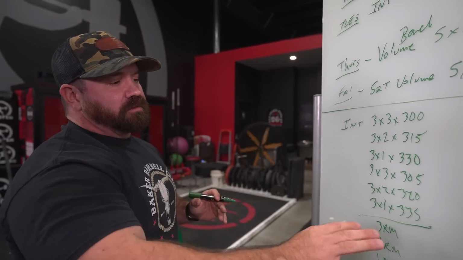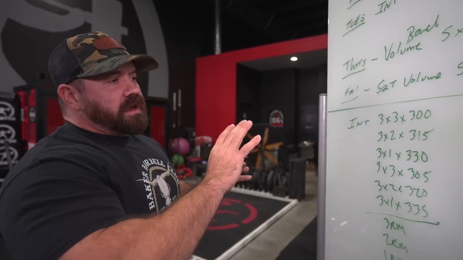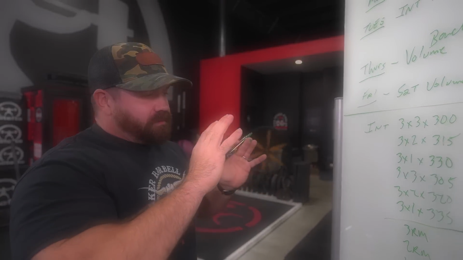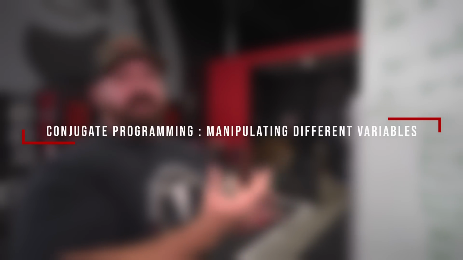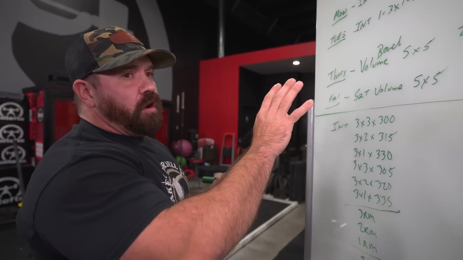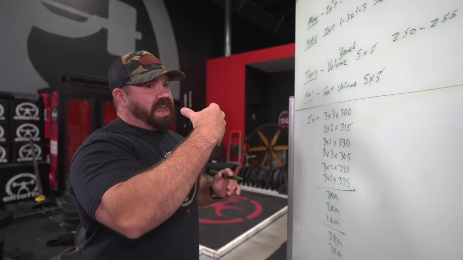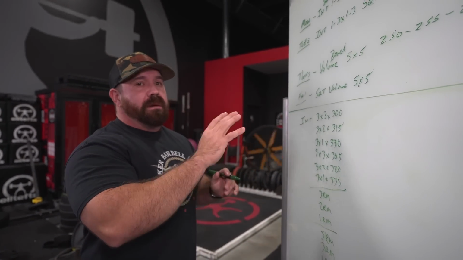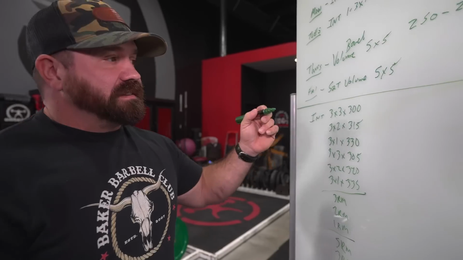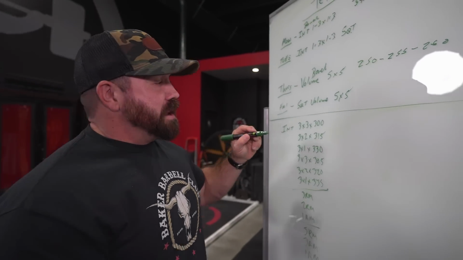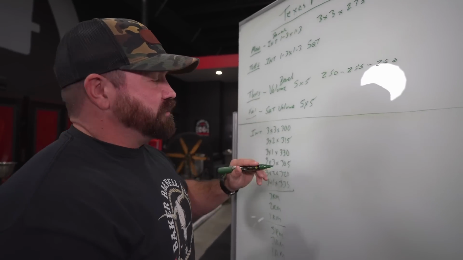So that's where we're getting our variation from. Conjugate programming is basically the same model. It's just manipulating a different variable. Instead of holding the exercises the same, we're changing the exercises week to week, but more or less keeping the intensity, sets, and reps the same. So that's all it is, a change in what variable we're manipulating, but the model is basically the same.